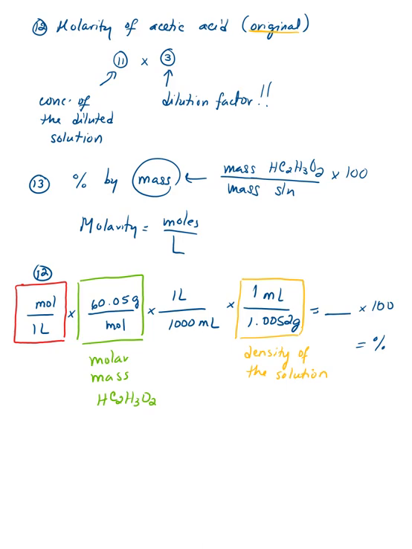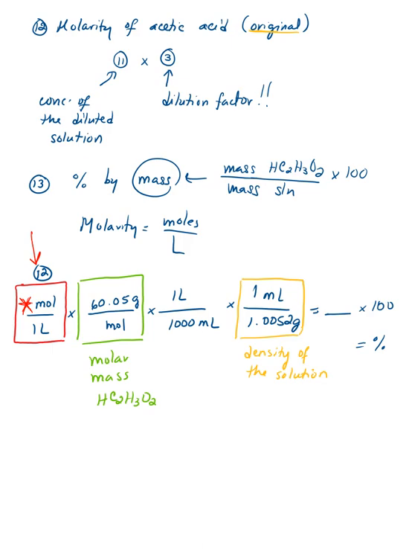That's what I have here. It's your molarity for the original solution. Now molarity is moles per liter. So you see I'm writing here moles per liter, but you need a number right there. That number is the number that you have in number 12.